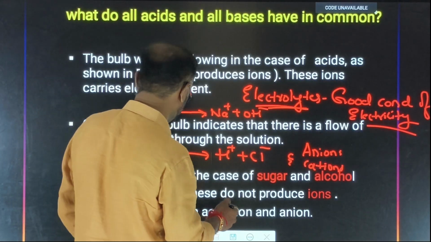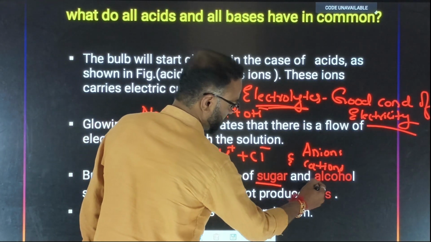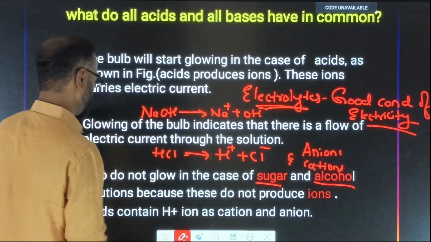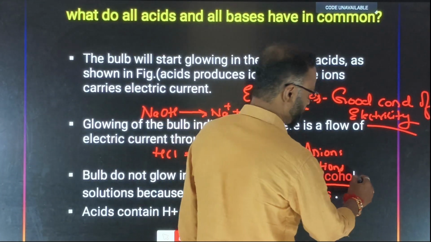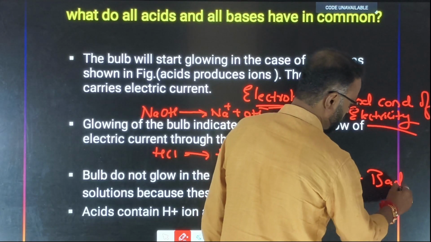So remember these options: sugar and alcohol are bad conductors of electricity, meaning they will not allow the electric current to pass through.